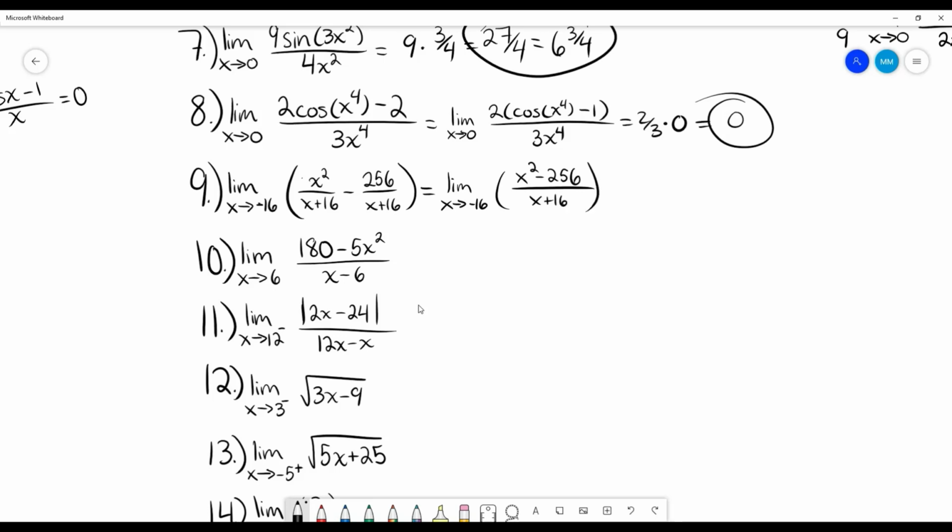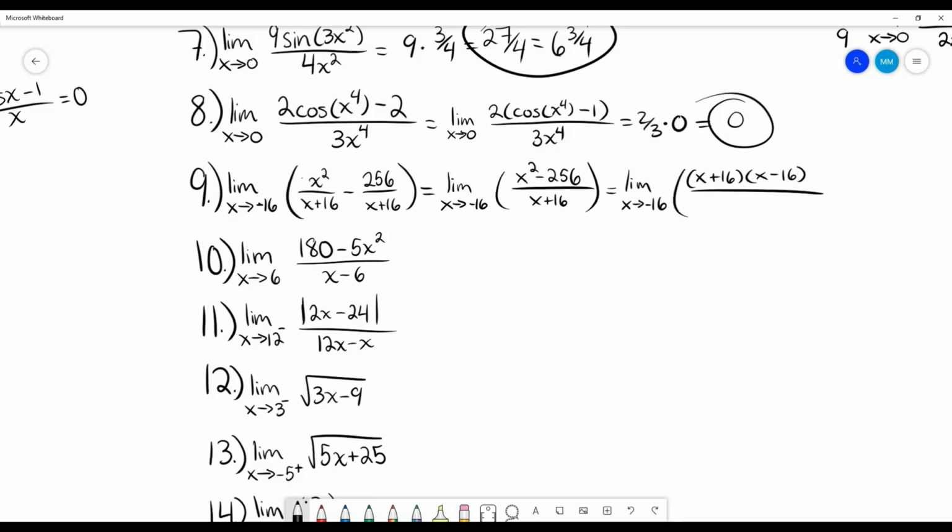And now I notice that this is a perfect difference of squares. So I'm going to factor that out. That's going to factor out, in this case, to be an x plus 16 times an x minus 16, right? Because I see 256 is just 16 squared, and because there's that minus there, I know that I'm going to have these.